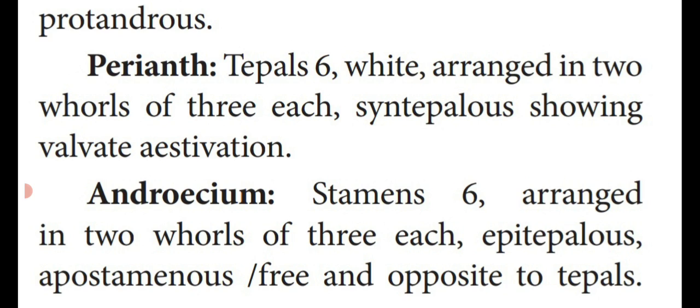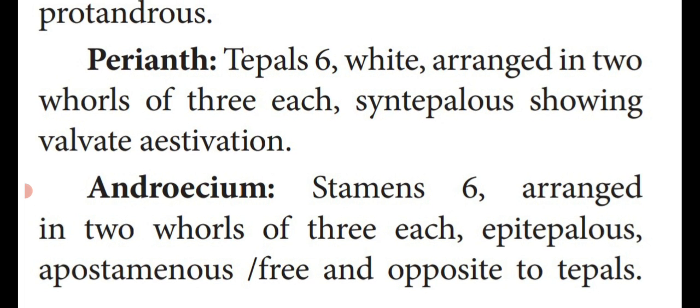They are arranged in 2 rows, each 3. They are fused together, so syntepalous, showing valvate estivation. What is valvate estivation? The margins of the tepals are meeting at their edges but not overlapping. That is said to be valvate estivation.